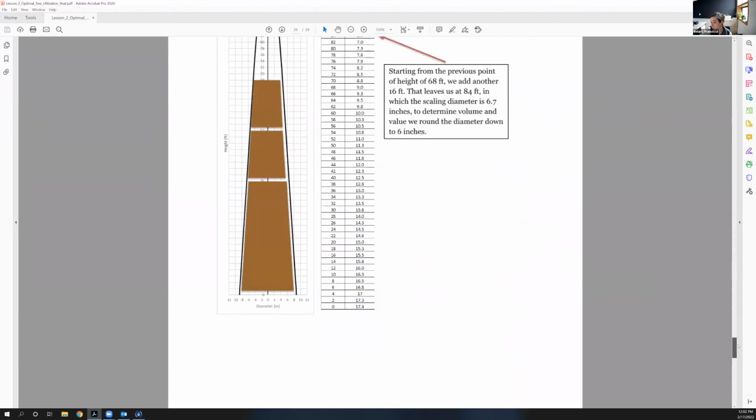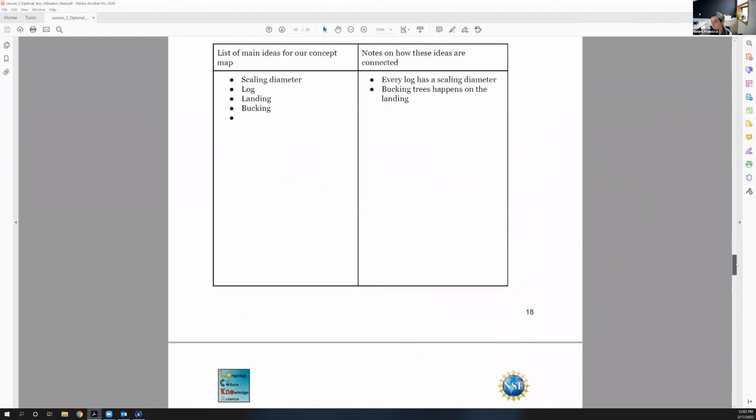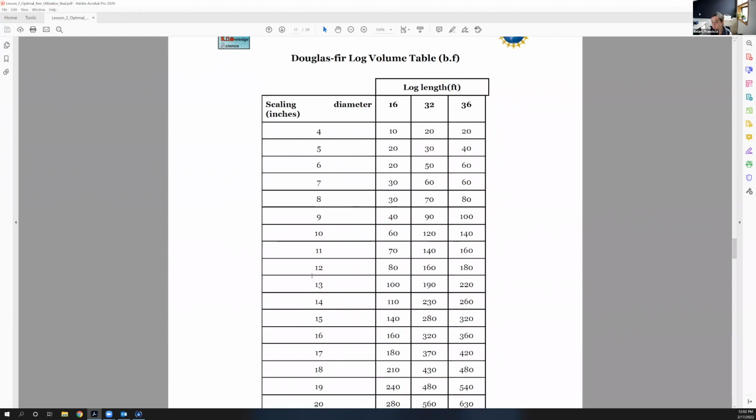So we go up to the volume table on the lesson, and we have 13 inches scaling diameter, log length of 36 foot. So we have 220 board feet. The second log was 11 inches in the small end, and it was a 16-foot log, which is 70 board feet volume.